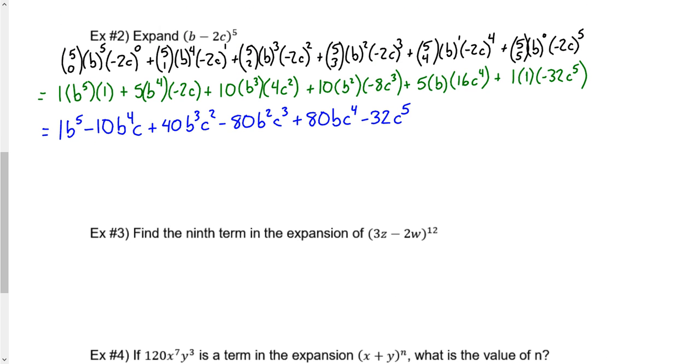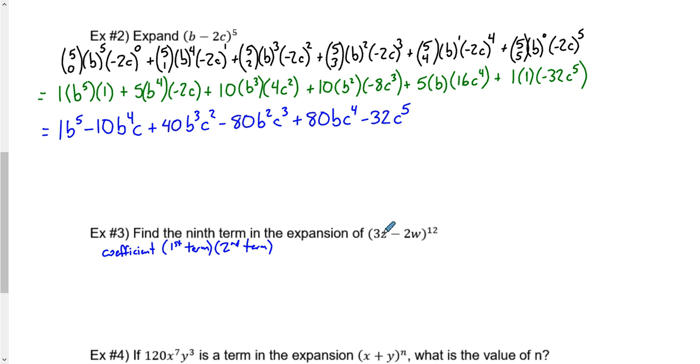Okay, we have 2 questions on here. So the 9th term of 3z subtracting 2w to the power of 12 is going to be determined by 3 different things. Our coefficient, which is then going to be multiplied by the first term, which is then going to be multiplied by the second term.